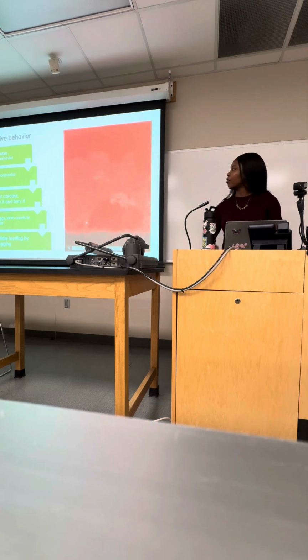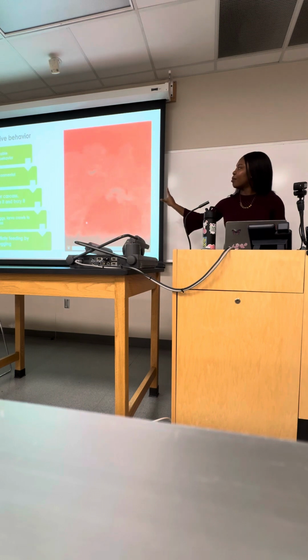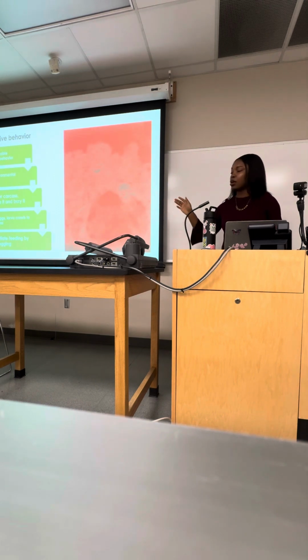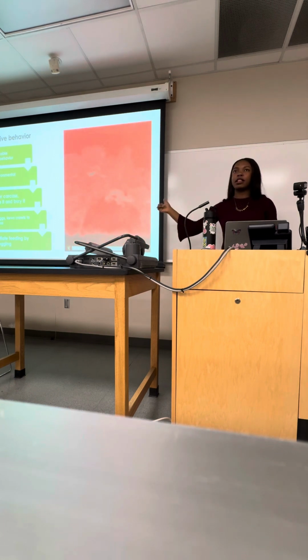So this is a video of a beetle feeding its offspring mouth to mouth. I know the video is kind of weird because it's red, but these beetles are sensitive to white light, so the only way we could carry out observation was under red light.